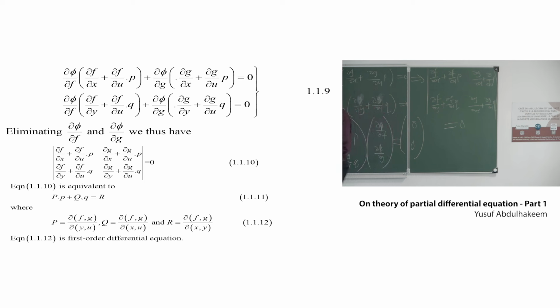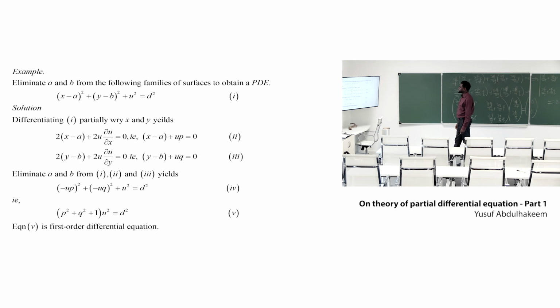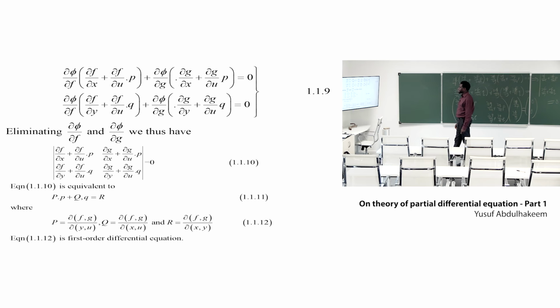And that is how we arrive at our equation here in 1.1.0, because this is very crucial to our work. So equation 1.1.0 is equivalent to what we have in 1.1.1. Look at it here. By the time we take the determinant of this, we are going to obtain this 1.1.11.